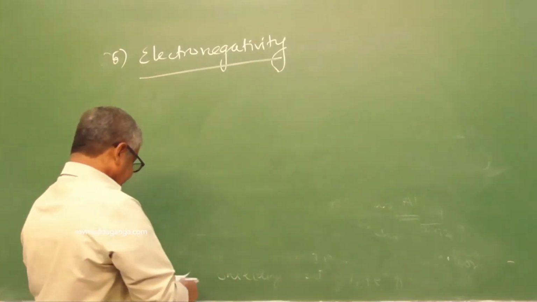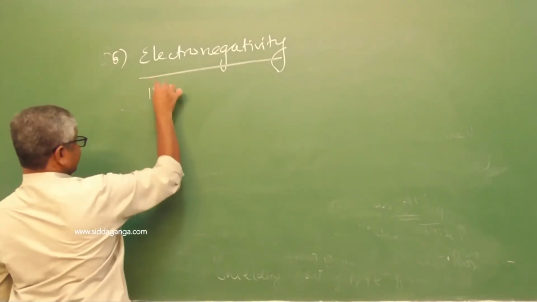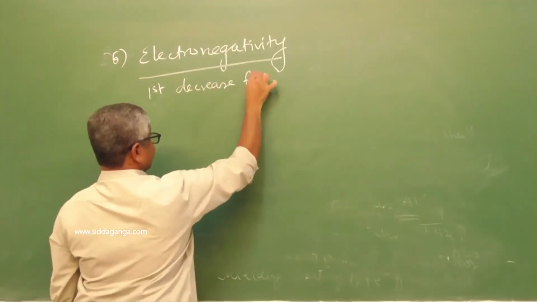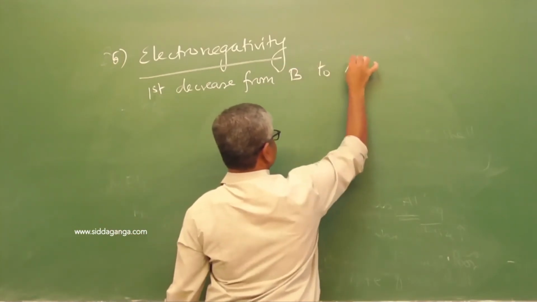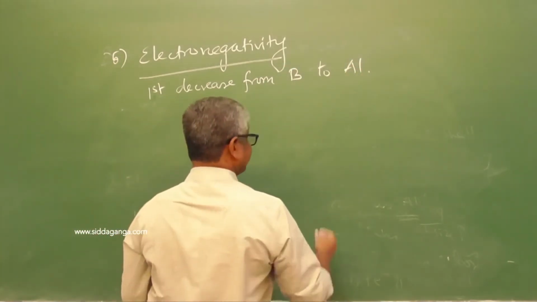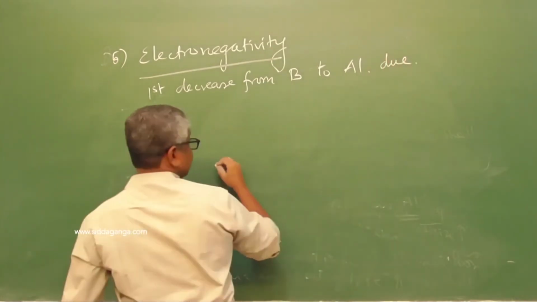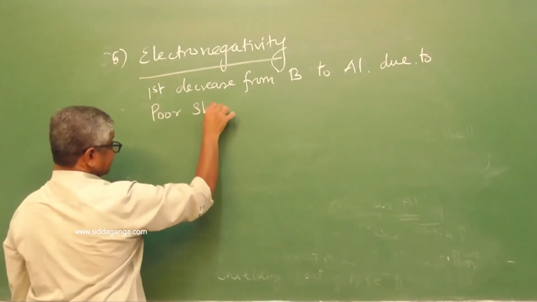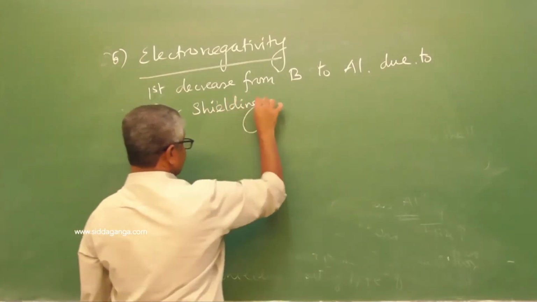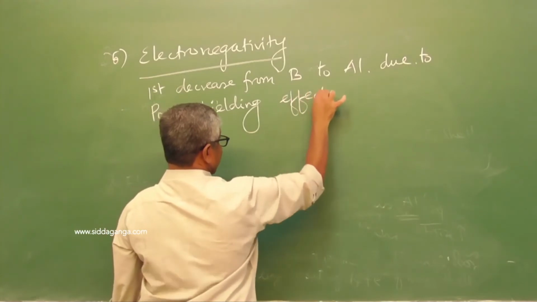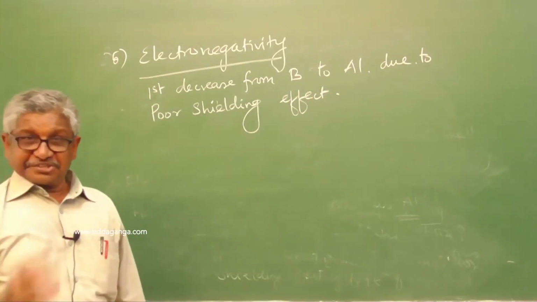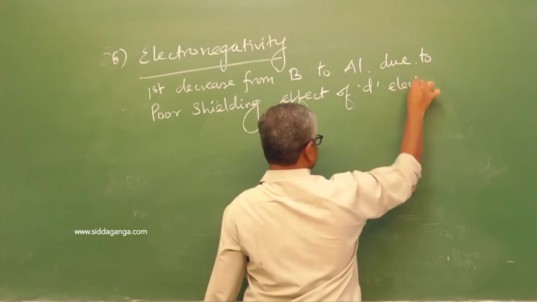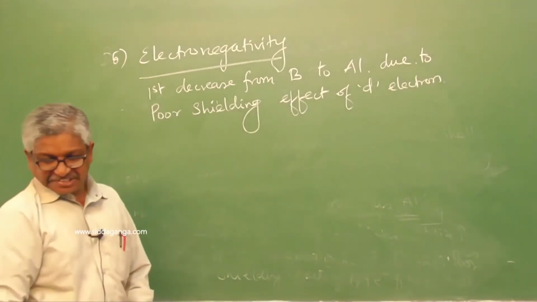Electronegativity first decreases from boron to aluminum due to poor shielding effect of the d electrons.